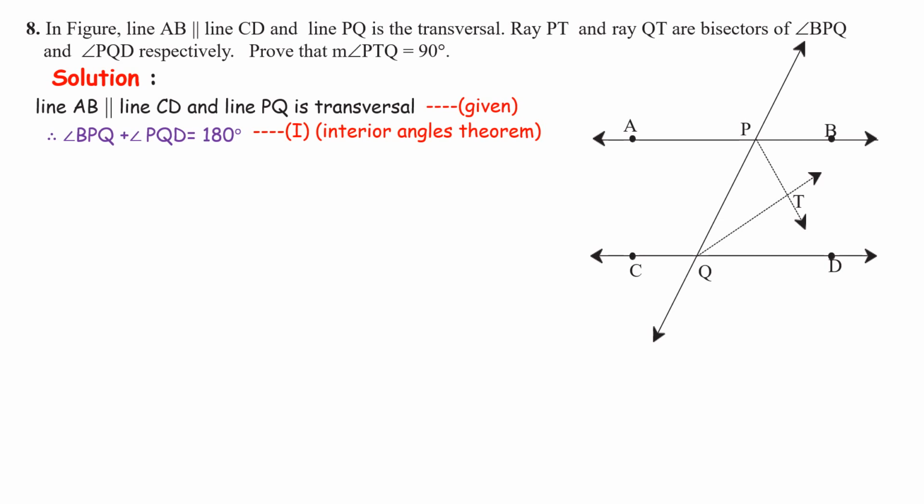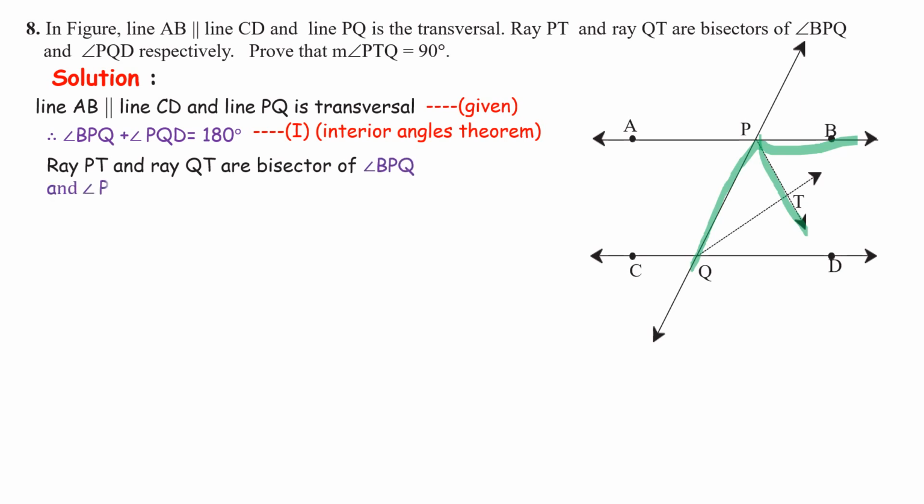Now, what is the given part? This PT is the bisector of this angle. Rays PT and QT are the bisectors of angle BPQ and angle PQD respectively. Means this is a bisector of BPQ and this is the bisector of angle PQD.